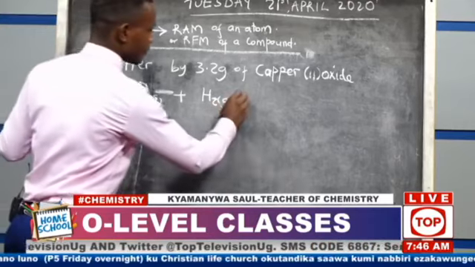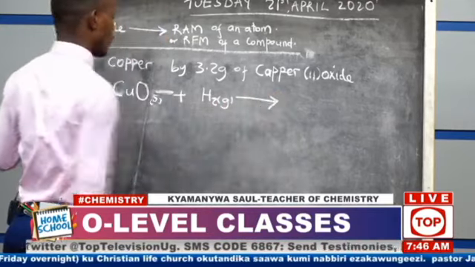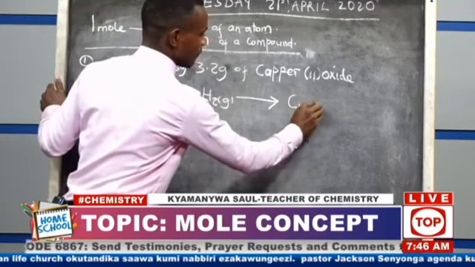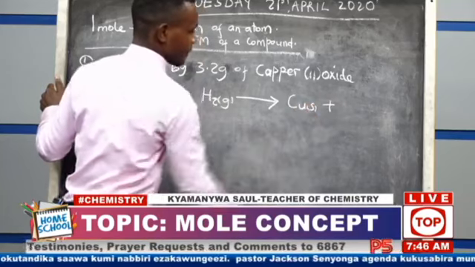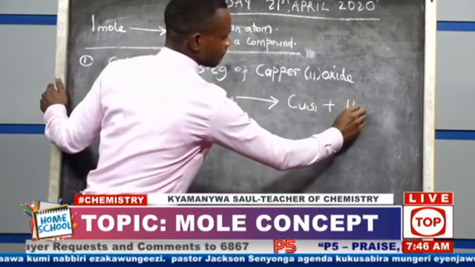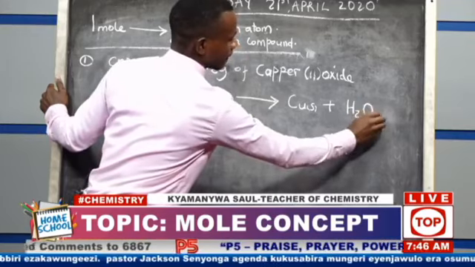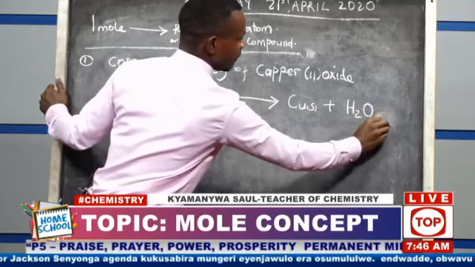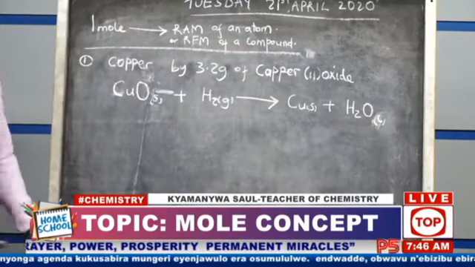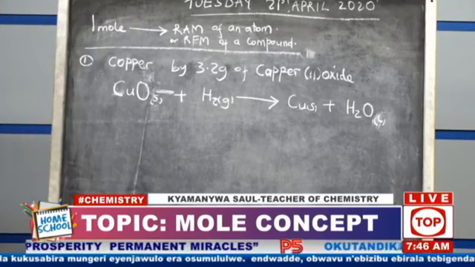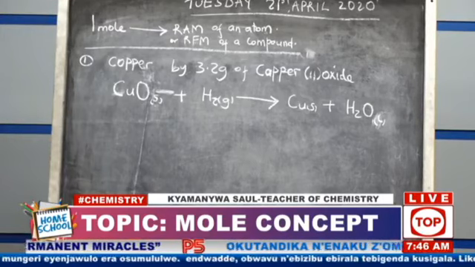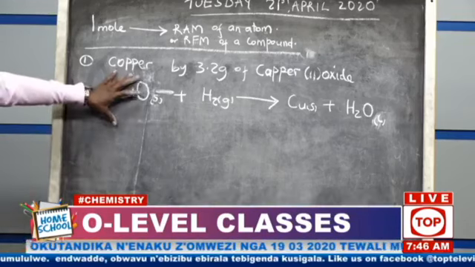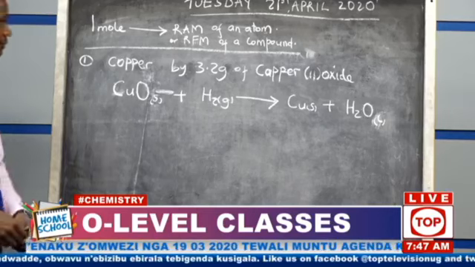When you react copper 2 oxide with hydrogen gas, what you form is copper solid plus water. Water is a liquid. You get copper solid plus water, which is a liquid. Once you have this one, then you are starting to smell the answer.